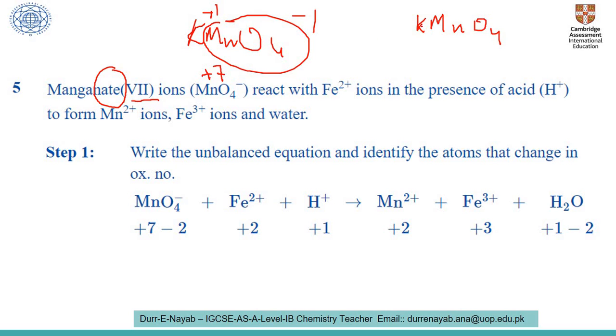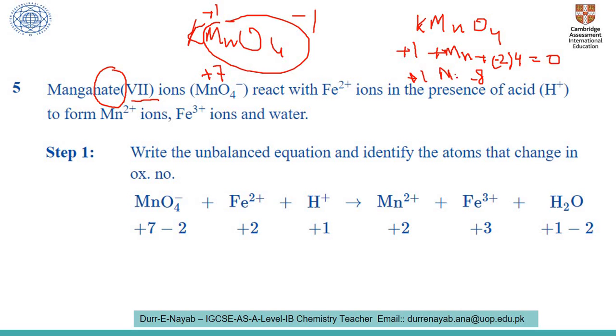KMnO4. Potassium, being in the first group, is +1. Manganese, let's suppose I don't know. Oxygen is -2, but how many atoms are there? 4. And the molecule as a whole is 0. So -2 times 4 is -8, and this is +1.